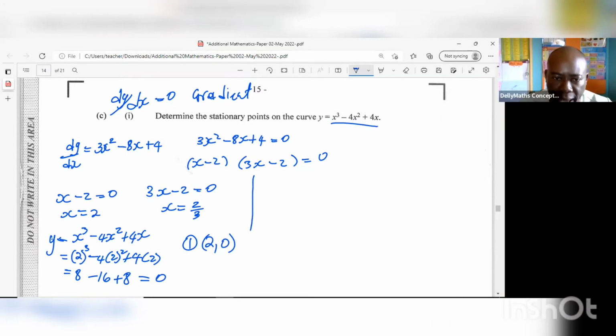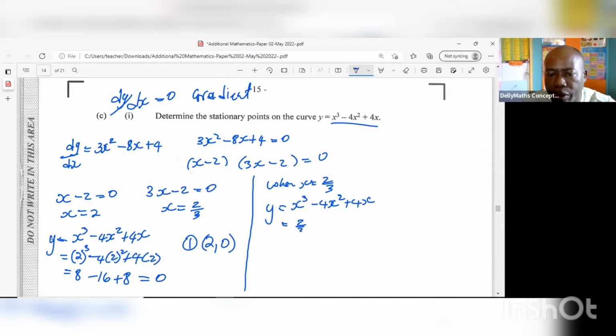Now, I could find the other stationary point right now because I want to know when x is equal to 2/3. So I'm going to still substitute into this function x cubed minus 4x squared plus 4x. Remember that x is equal to 2/3.